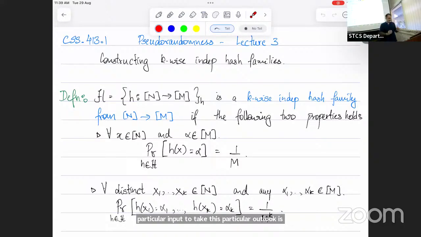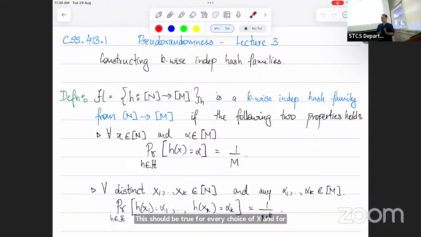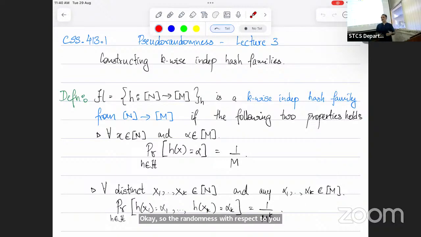Okay, and it's important that this probability is only over the choice of the function h. This should be true for every choice of x and for every choice of alpha. Okay, so the randomness is with respect to you choosing the function. Once you choose the function, this function specifies the values on all points x in the input domain N.